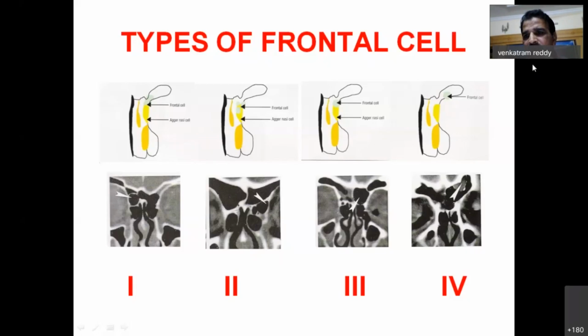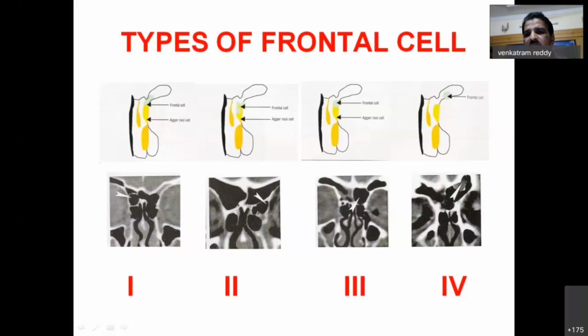Show the grid view. Can you take it out for some time?